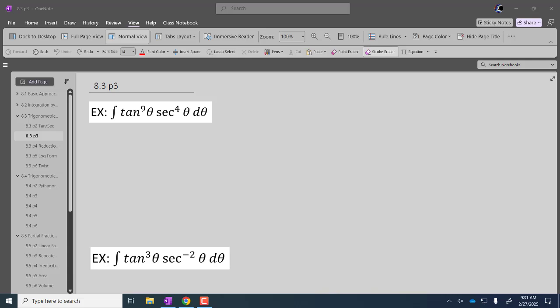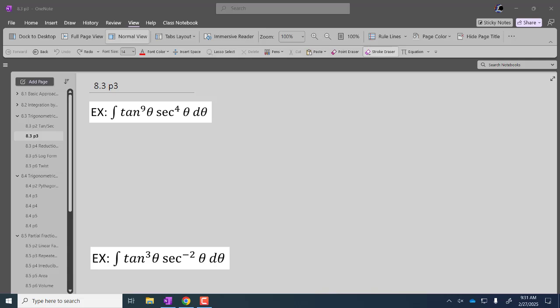All right, well, so we're in the process of integrating powers of trig functions, powers and products of powers, all that stuff. And we're dealing with tangents and secants. There's two rules, a little more complicated than the sine and cosine rules.